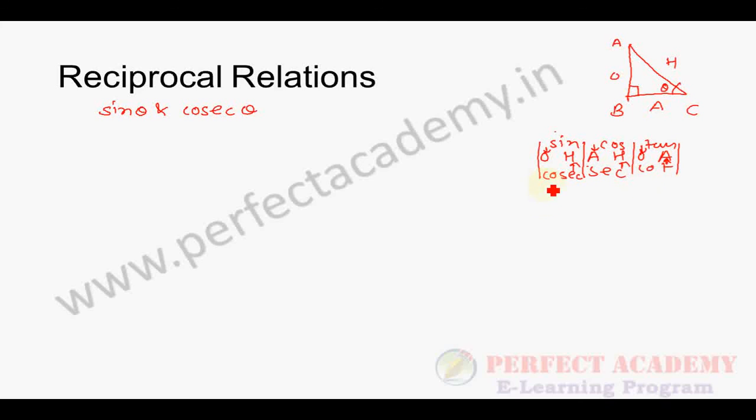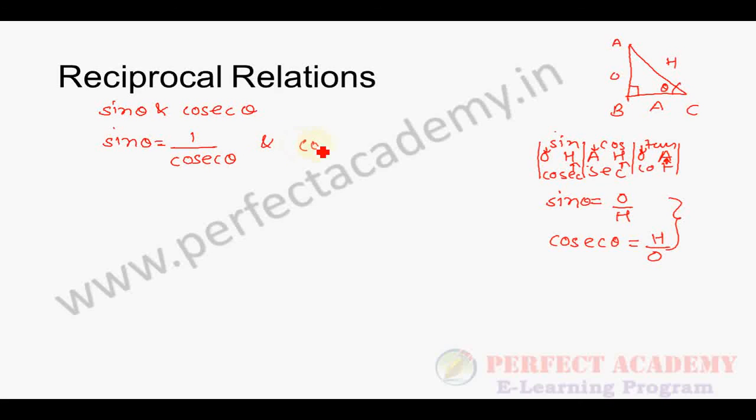Now, if I try to define sine, sine is opposite by hypotenuse, right? Whereas if I try to define cosec of theta, it will be hypotenuse by opposite. So if I observe both these relations, then I can easily say sine theta is the reciprocal of cosec theta, as well as cosec theta is the reciprocal of sine theta. Similarly, cos theta is the reciprocal of sec theta and sec theta is the reciprocal of cos theta.